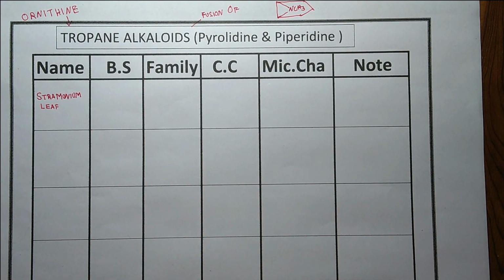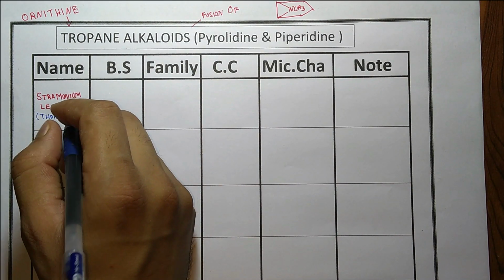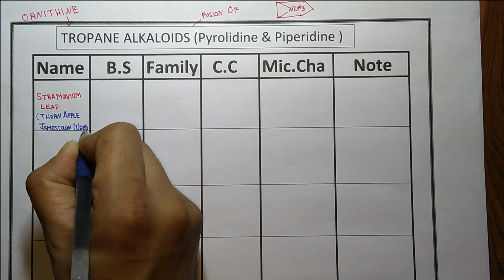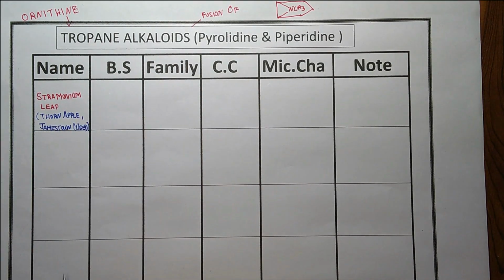Its synonyms are thorn apple and Jamestown weed. These are the two common synonym names of stramonium. And what is its biological source?